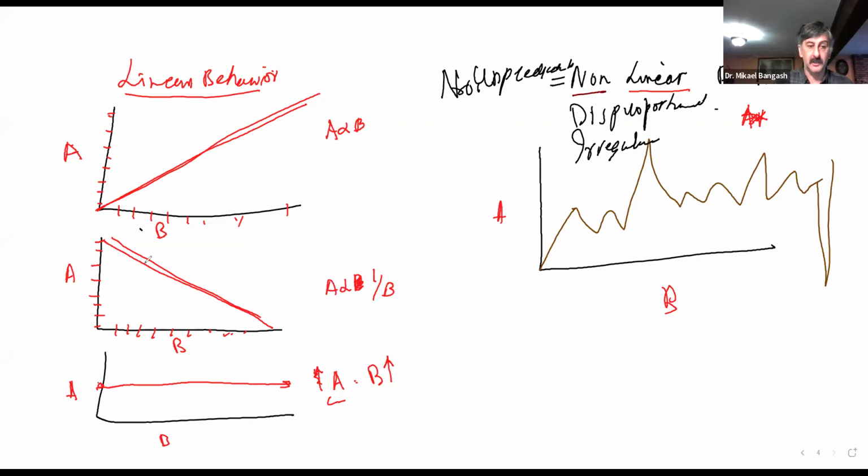What we see in all these cases is relationships that displayed a linear behavior because there were no ups and downs.